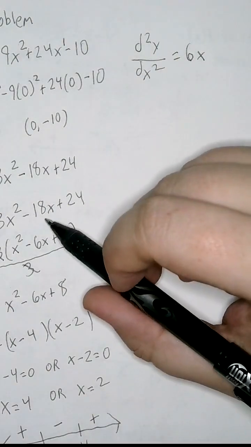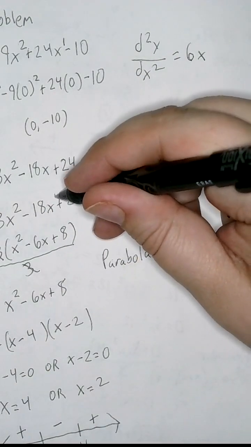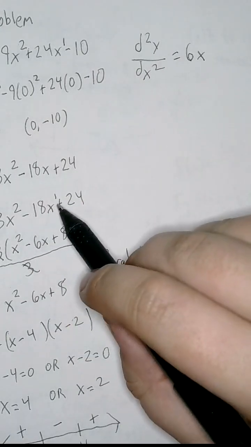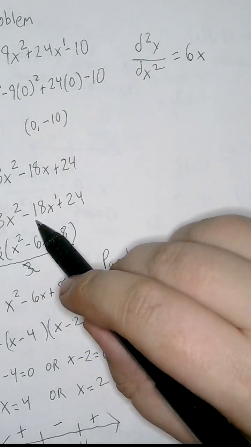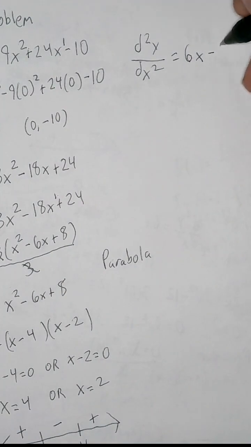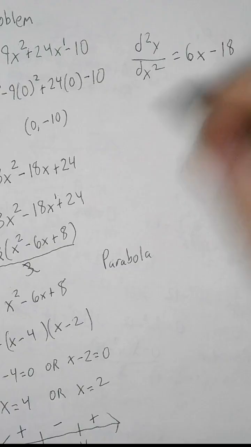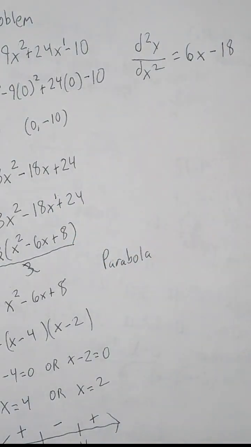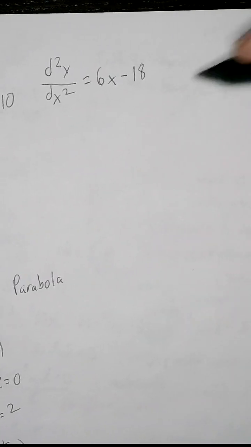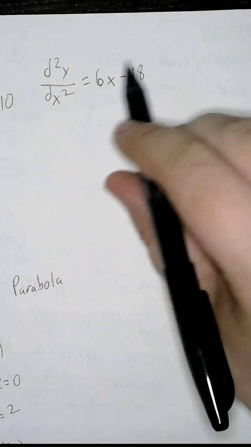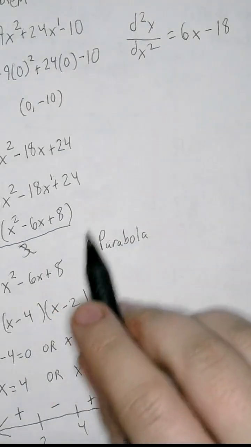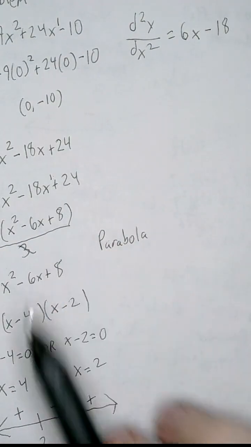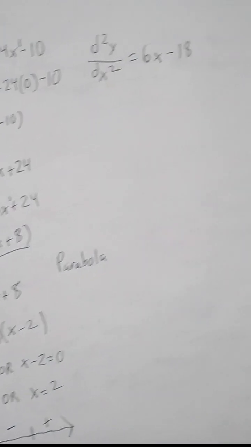And then the derivative of negative 18x, remember a variable without an exponent is the same as the variable raised to the first. So I take the 1, multiply it by negative 18 by moving it out front. And then I have negative 18x to the 1 minus 1, which is 0. And remember that x to the 0 is equal to 1. So this is my second derivative. Oh, I forgot. 24 is a constant. Derivative of 24, because it's a constant, is 0.